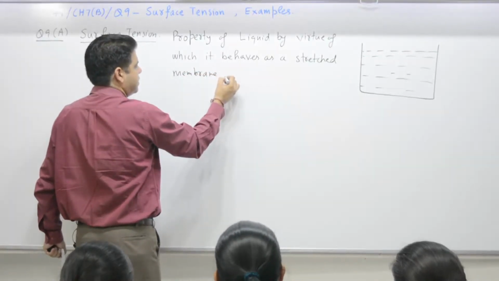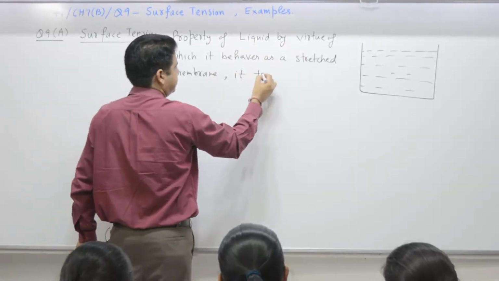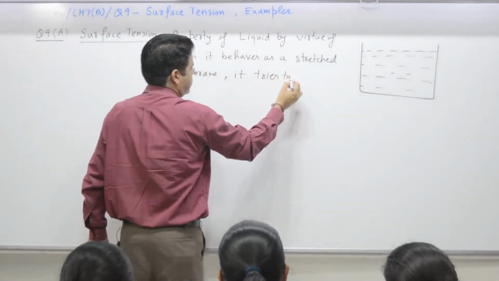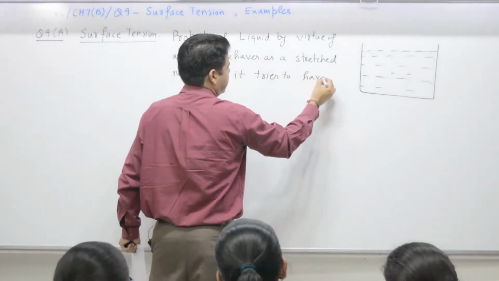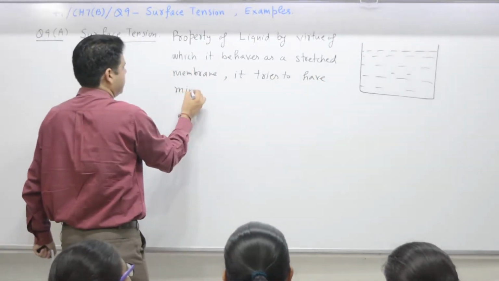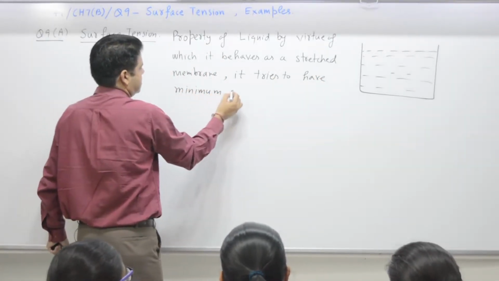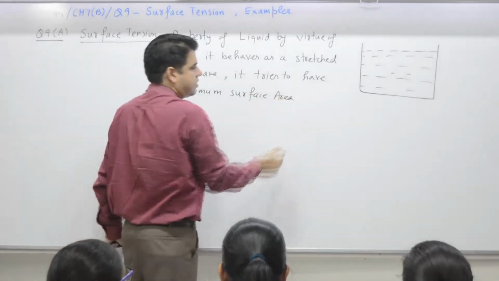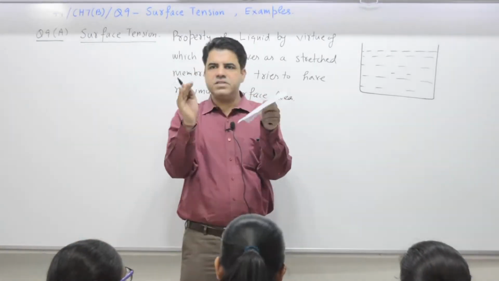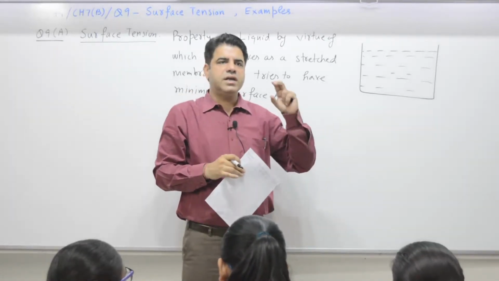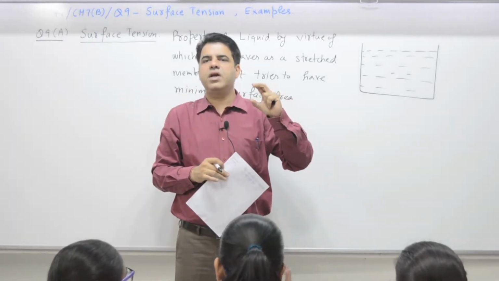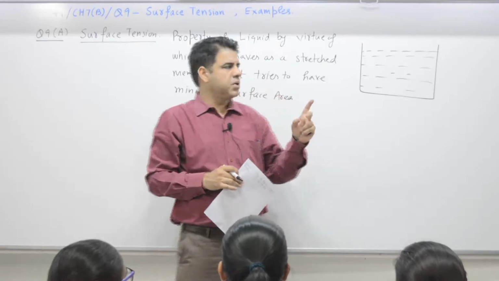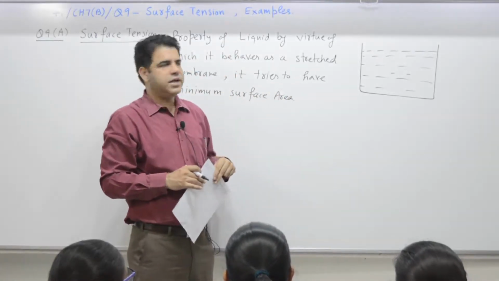Along with this, it tries to have minimum surface area. Higher the surface area, higher is the energy. It tries to have a state of minimum energy, maximum stability by acquiring minimum surface area.